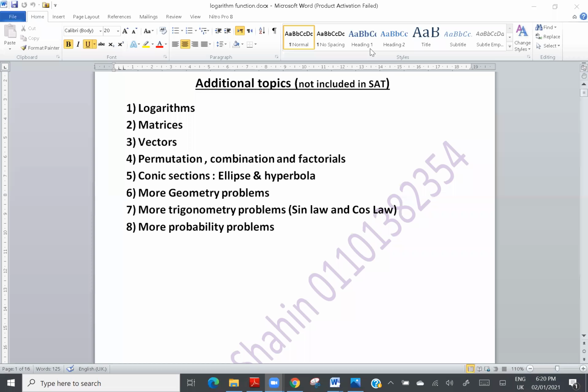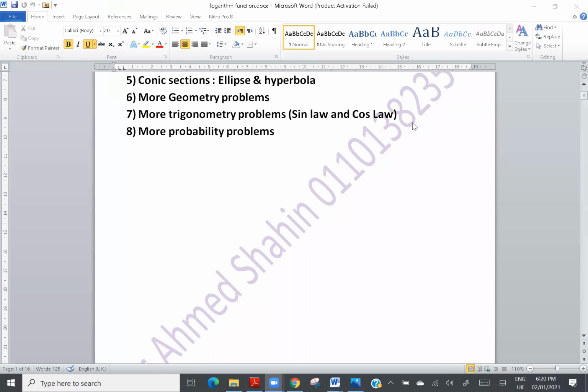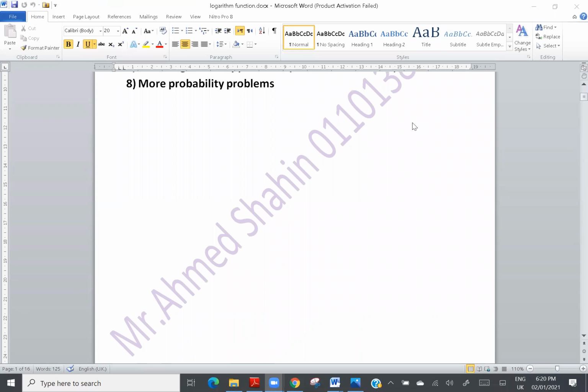Let's start. First, you have to know that the logarithm is related to the exponents, okay? So in the past, if you have a problem like this, for example, 5 power x equal 25, how can I deal with this?